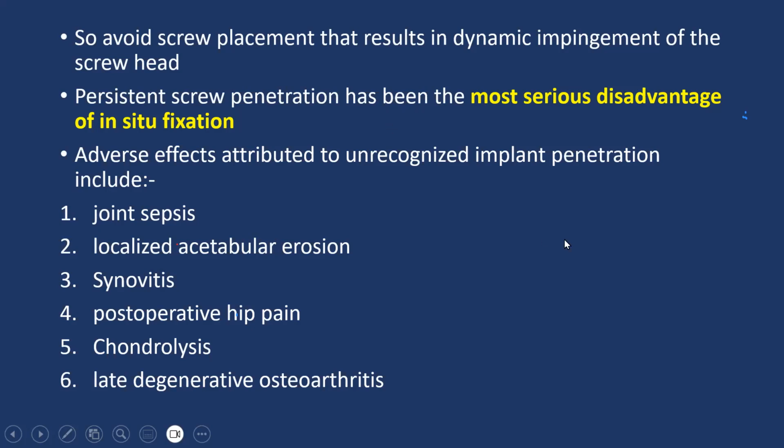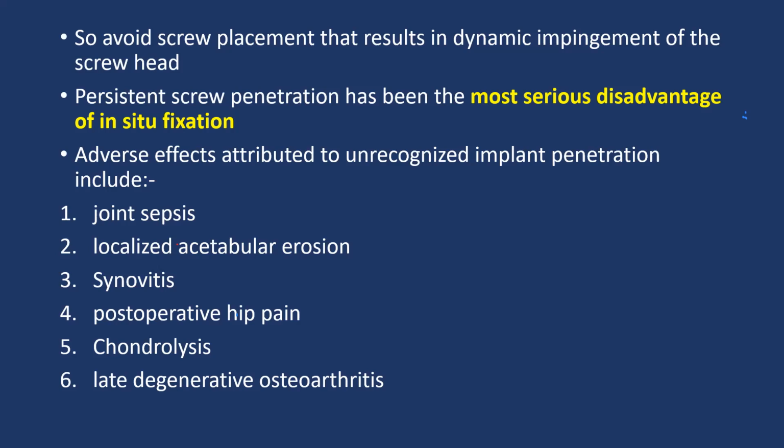Persistent screw penetration has been the most serious disadvantage of in situ fixation. Adverse effects attributed to unrecognized implant penetration include joint sepsis, localized acetabular erosion, synovitis, postoperative hip pain, chondrolysis, and late degenerative arthritis.